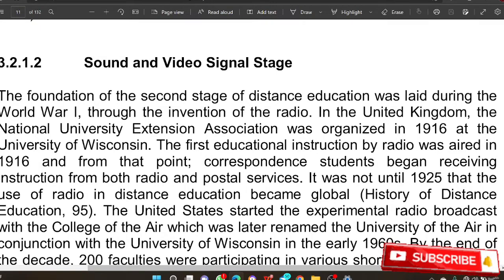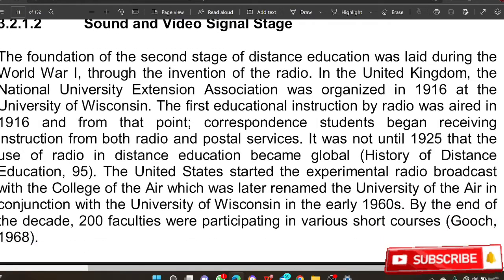From that point, correspondence students began receiving instruction from both radio and postal service. It was not until 1925 that the use of radio in distance education became global. Now let's take note of these key occurrences.